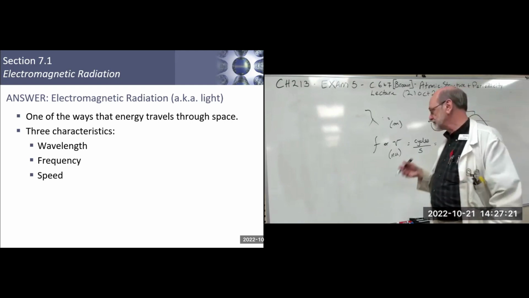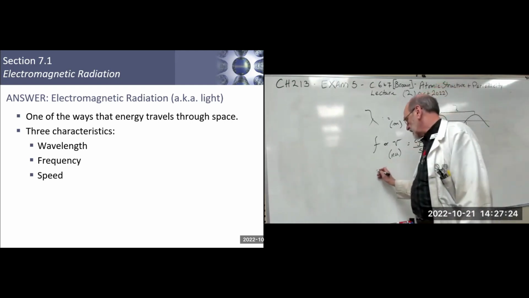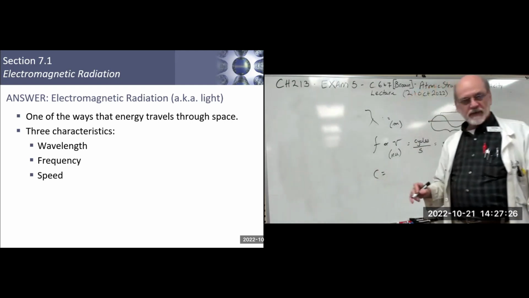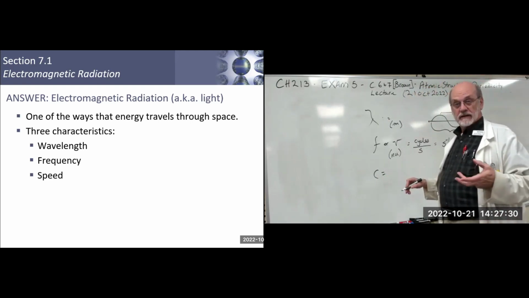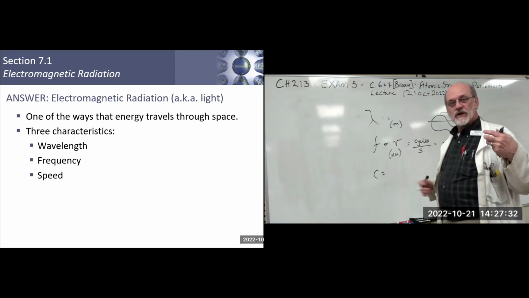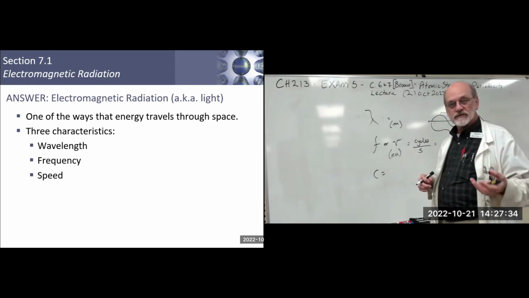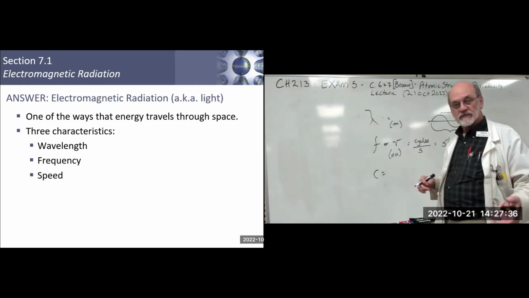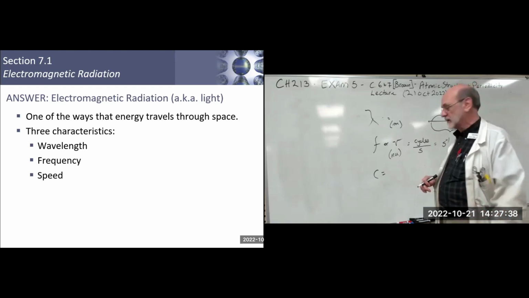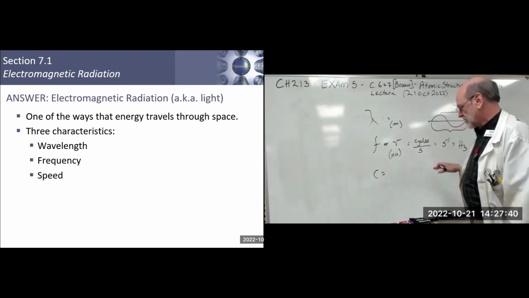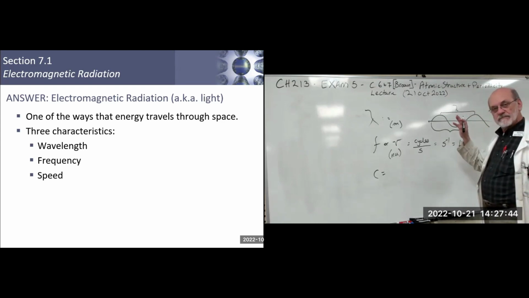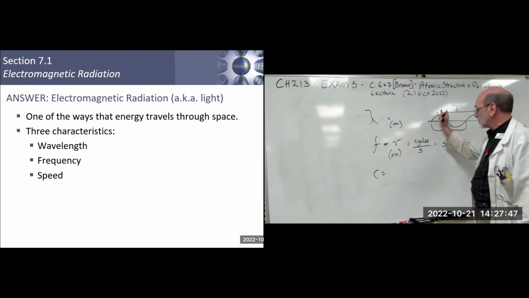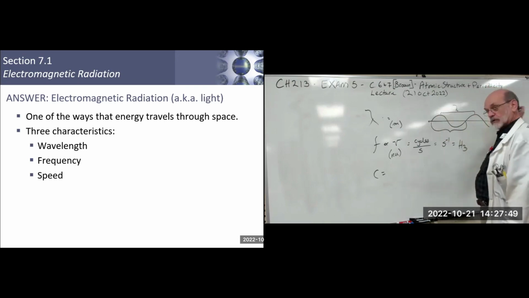And then the last one is the speed. The speed of a wave will vary, and it depends on whether you're talking about sound waves or light waves or whatever else it might be, seismic waves. It's how many meters this hump travels in 1 second.